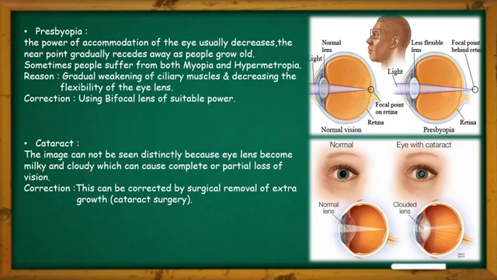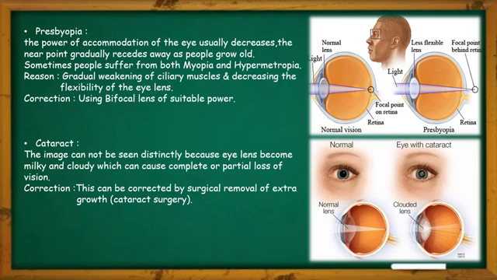This condition is known as cataract. It causes lots of problems for people in visualizing objects, because everything seems blurred to them. It can cause complete or partial vision loss also.